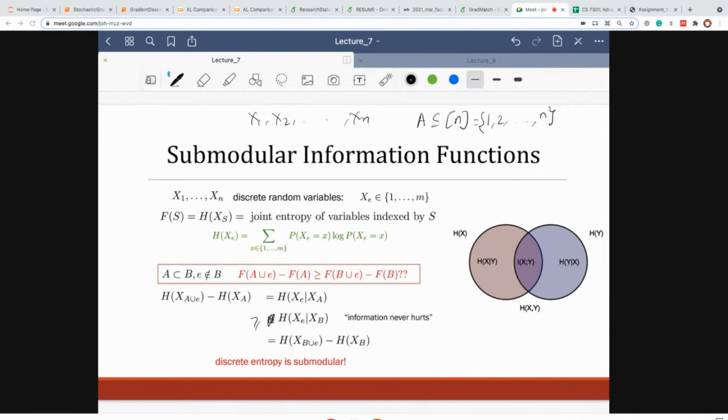From an information-theoretic or entropic perspective, we have this property that as you have larger and larger sets, the gain of adding more information shrinks. So there are diminishing returns in information.